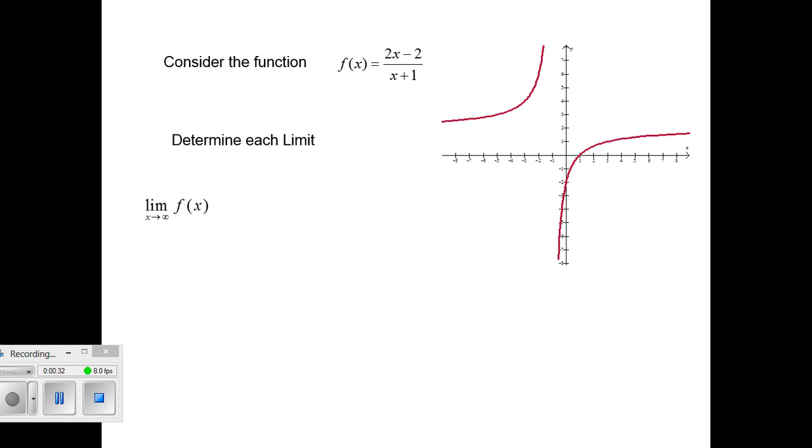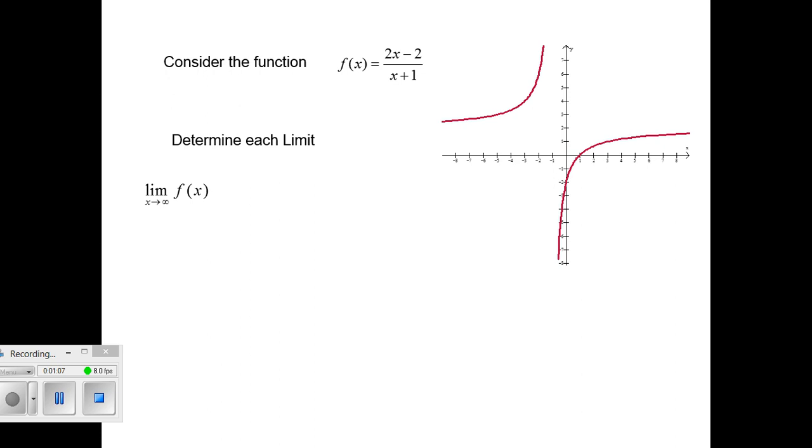Determine each limit. Well, here comes an infinite limit. In the previous video, we spoke of infinite limits as the end behavior: what's happening as the function moves towards positive or negative infinity. For the function 2x minus 2 over x plus 1, we should recall our horizontal asymptote, being the ratio of the highest powers top and bottom, is y equals 2.